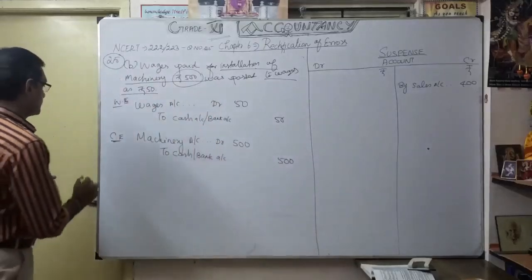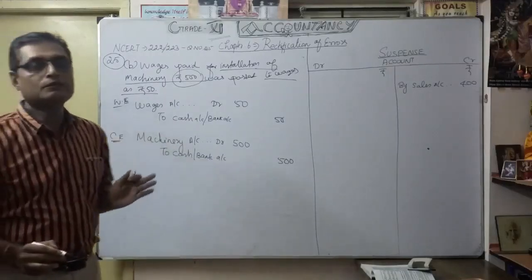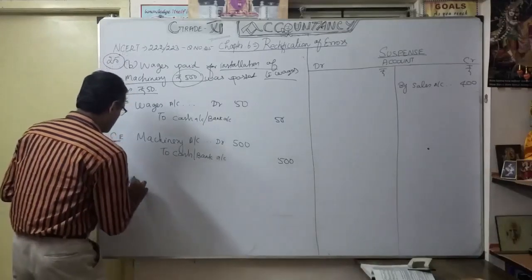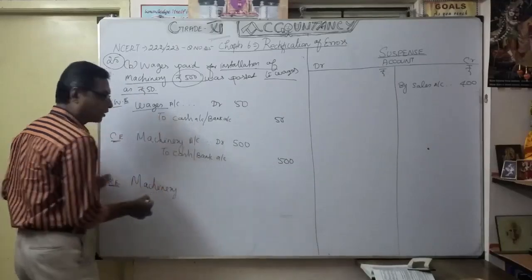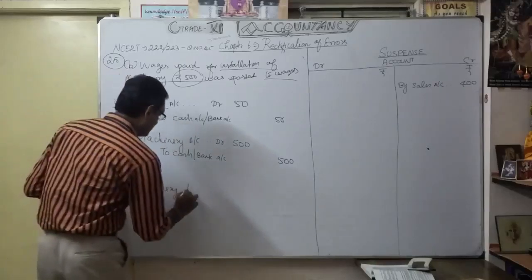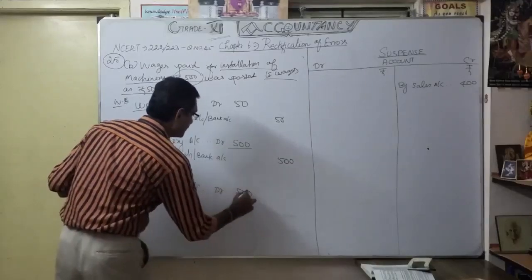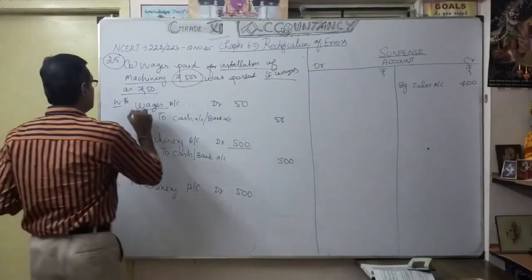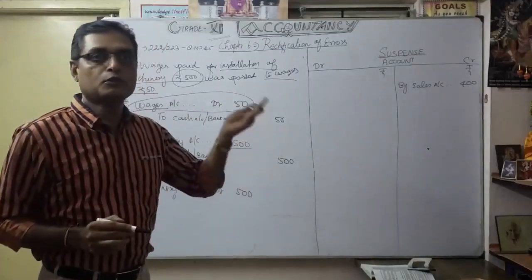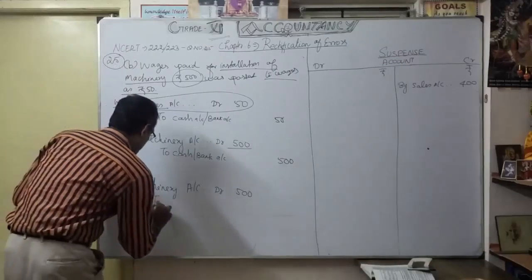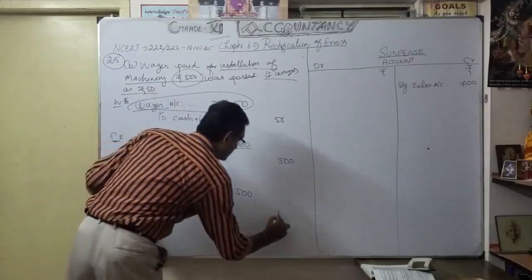Now let's see what the rectification entry is. How do we do it? Anyway, we are going to debit the Machinery Account, because earlier it was not done. Now we do the rectification entry: Machinery Account Debit 500. You wrongly debited the Wages Account, so to rectify, you now credit the Wages Account, only 50.